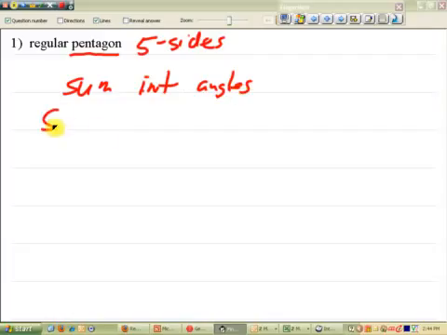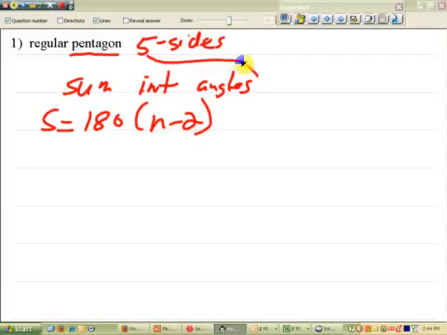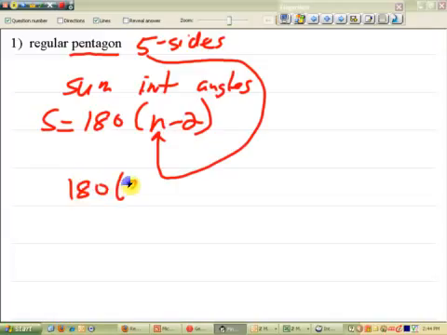That formula is the sum equals 180 times n minus 2, but the n in this case is our 5, so it's going to be 180 times 3, which is 540.